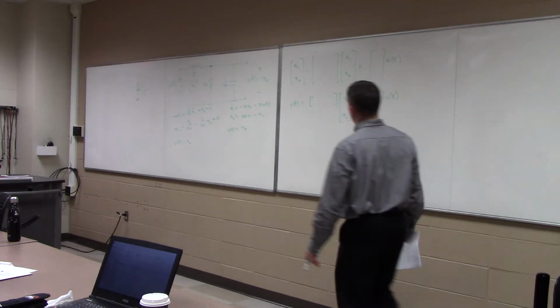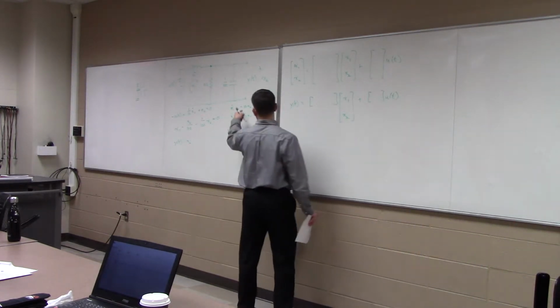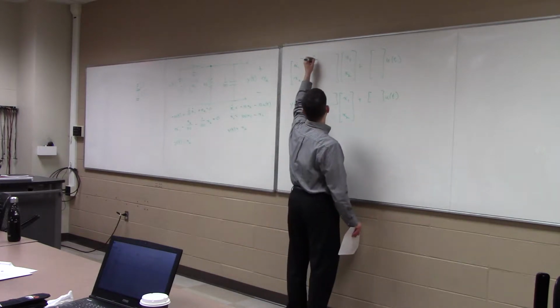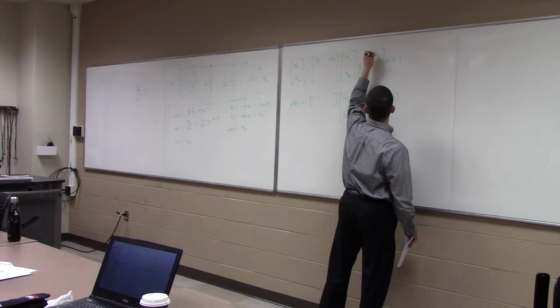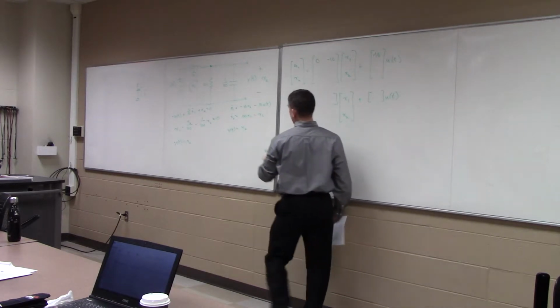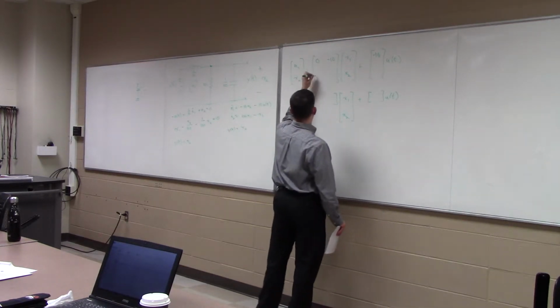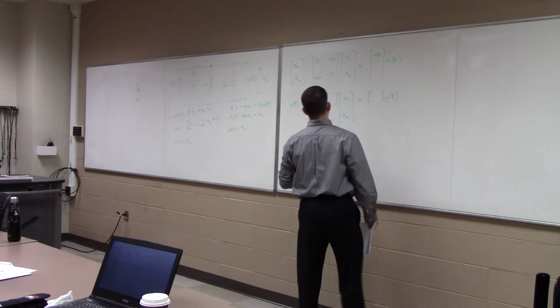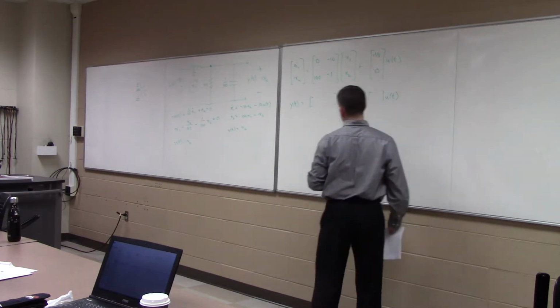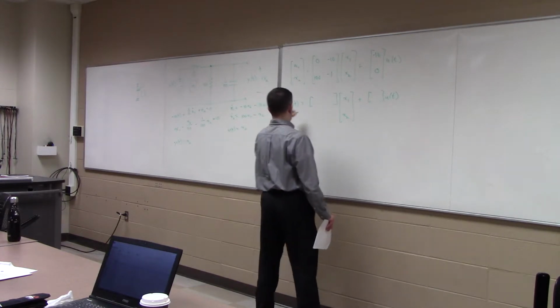So x1 dot is negative 10 x2 minus 10 u. x2 dot is equal to 100 x1 minus x2. y is just equal to x2.